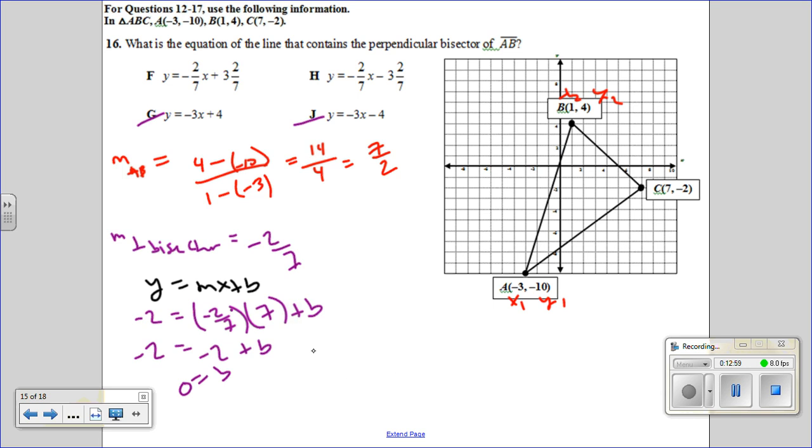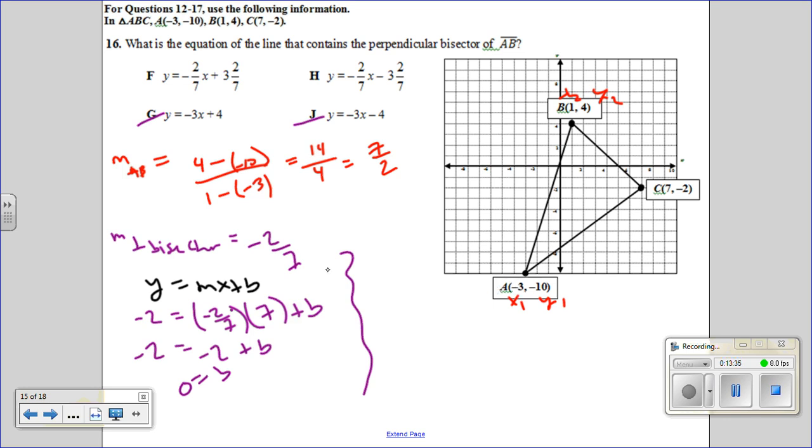So let's see if one of the other answer choices work. Again, our slope is correct because 4 plus 10 is 14, 1 plus 3 is 4. Let me double check to make sure my math is right. I'm finding the slope of AB: 4 minus negative 10, 1 minus negative 3, yeah.